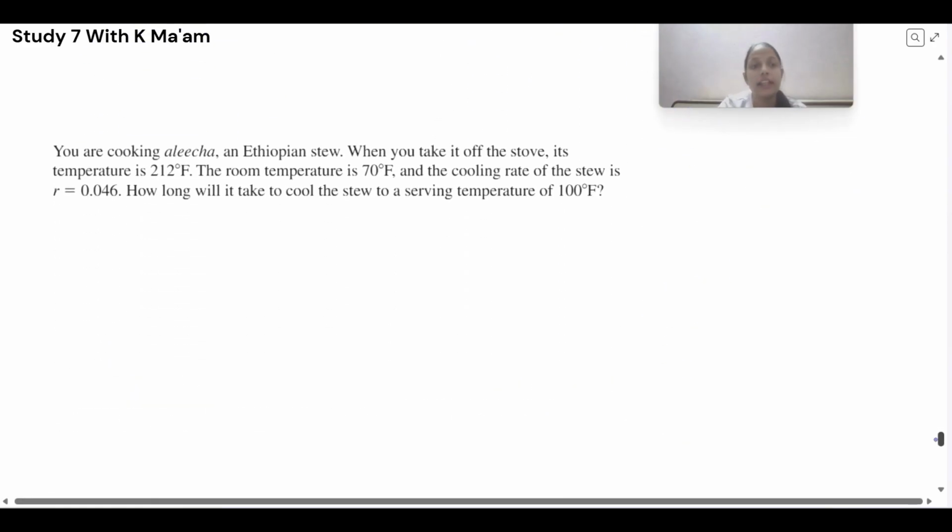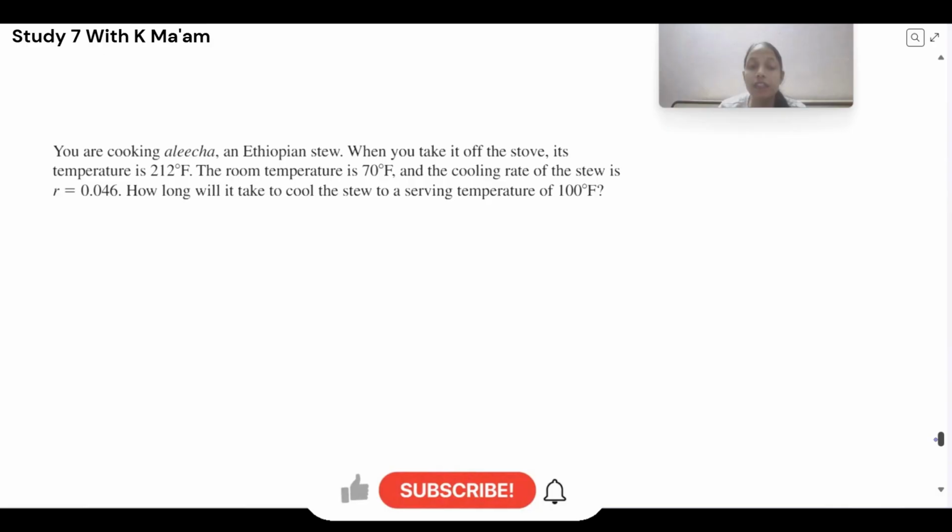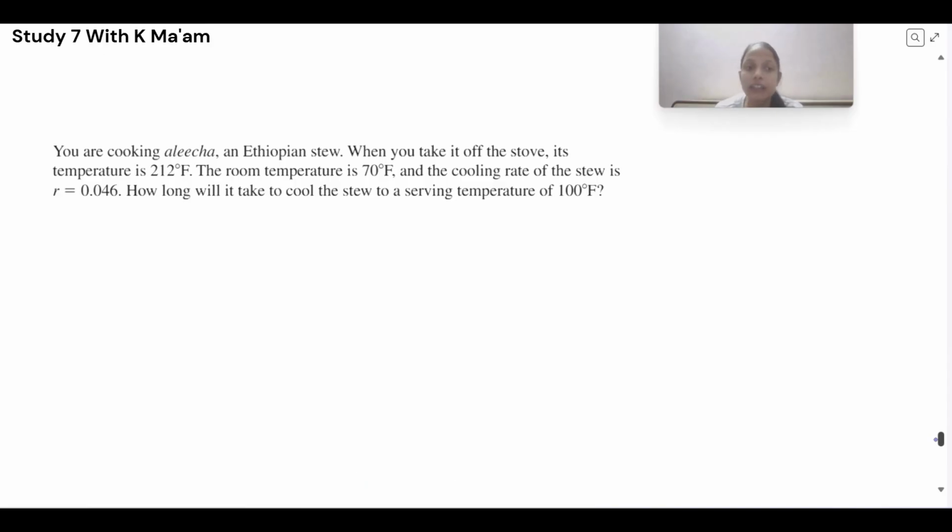Next question. It says you are cooking Aleka, an Ethiopian stew. When you take it off the stove, the temperature is 212 degrees Fahrenheit. The room temperature is 70 degrees Fahrenheit and the cooling rate of the stew is r equals 0.046.